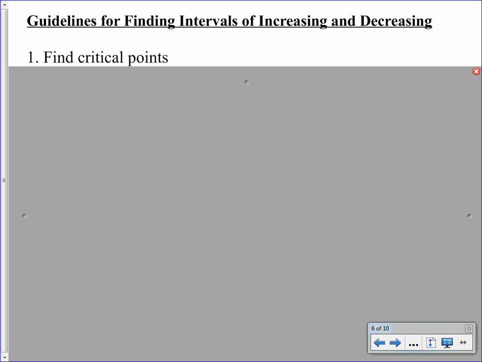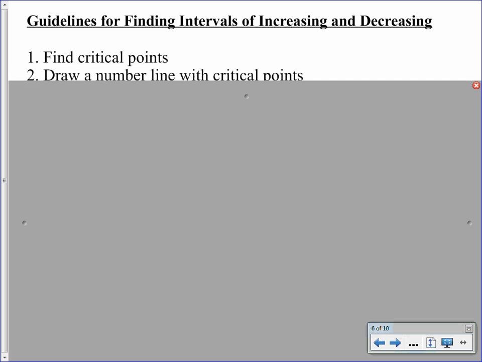Okay, so when you have your critical points, you're going to draw a number line with your critical points. If you have 3 critical points, it can be a number line with 3 dashes on it. But what we need to do is test our intervals. Are we increasing or decreasing on these intervals that are being broken up by our critical values?